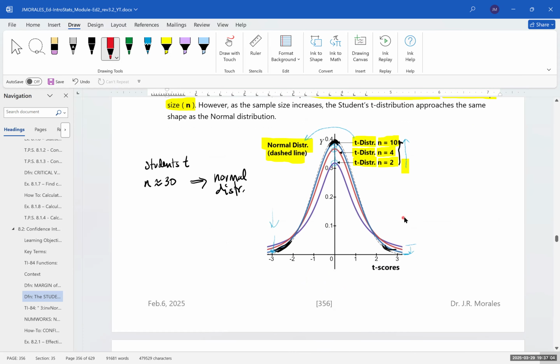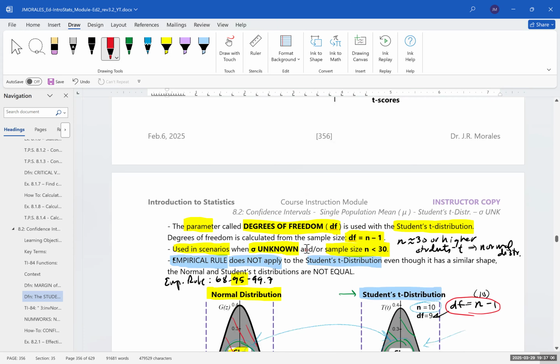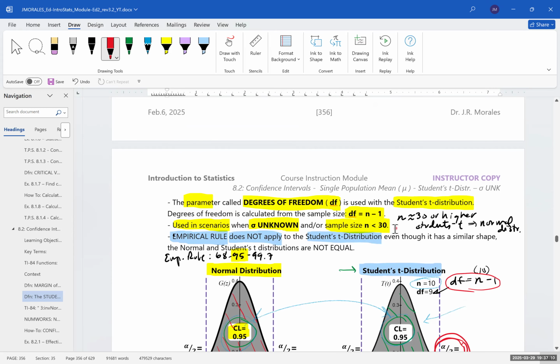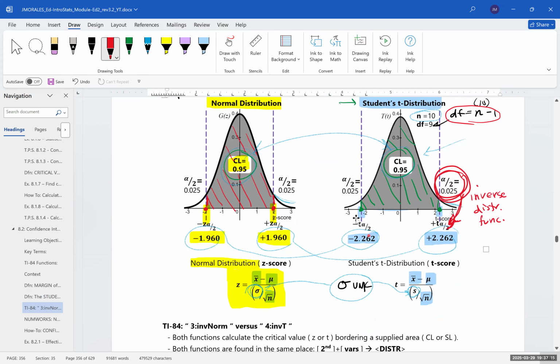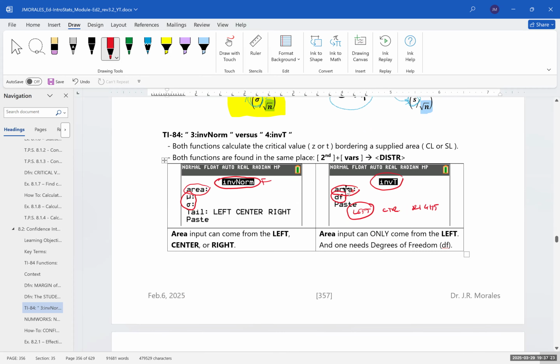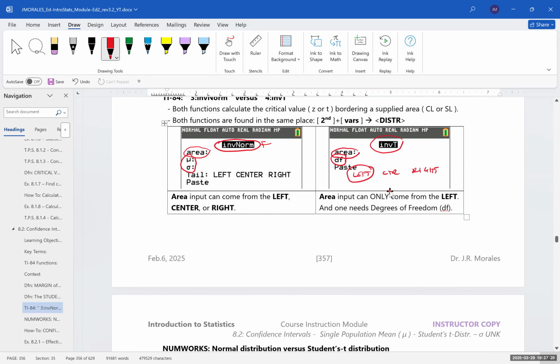It's used in cases where the population standard deviation is unknown, or you're working with sample sizes less than 30. You can see that calculating a t-score will give you a different value than if you were calculating a z-score with the same areas. And your calculator can do the inverse and the CDF functions just fine.